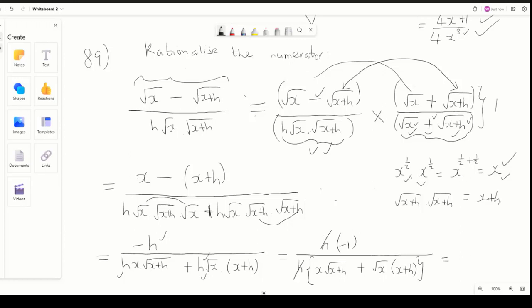In the final analysis, I'm left with minus 1 over what I have left in the denominator, which is just x times square root x plus h plus square root x times x plus h. There's nothing else you can really do there. So you just have to let it be. Any further work is just a waste of time. Just write this nicely here, guys.